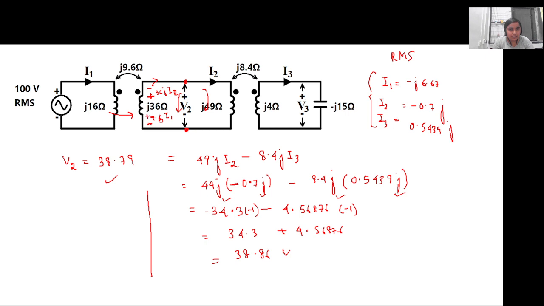So now we have to calculate V2. We have 36jI2 and minus 9.6jI1.